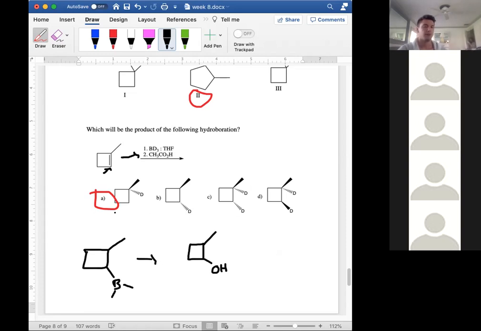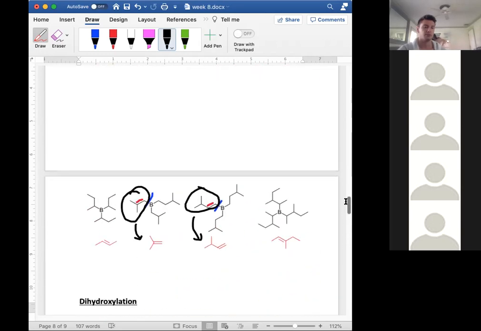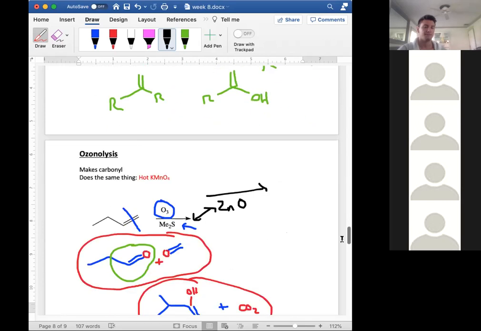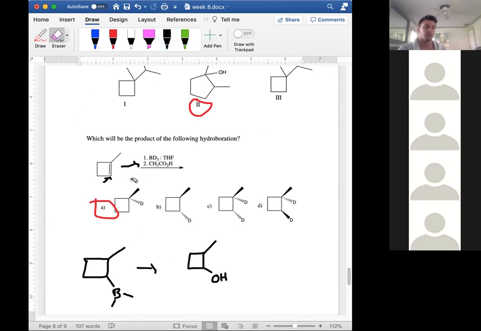That's why you're left with A. And what do we know about hydroboration? The directionality. It's adding syn. So say you added your hydrogens dashed.